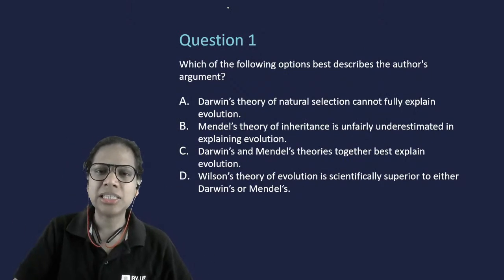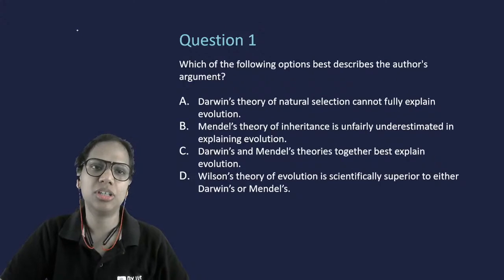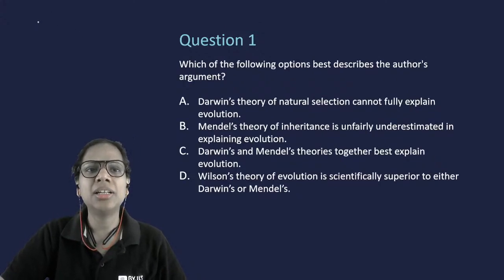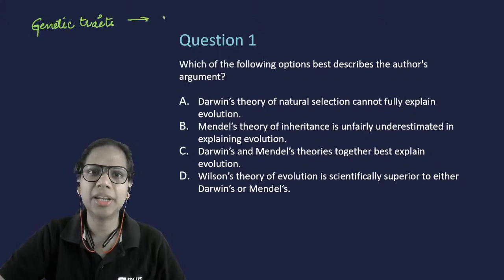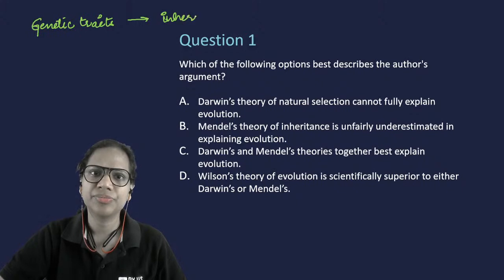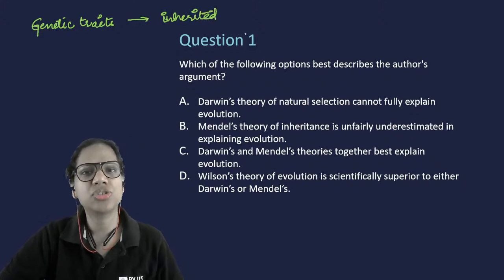Tell me something. What is the argument of the author here? Is it that it's only the genetic traits that can be inherited? Is that what the author is trying to say?